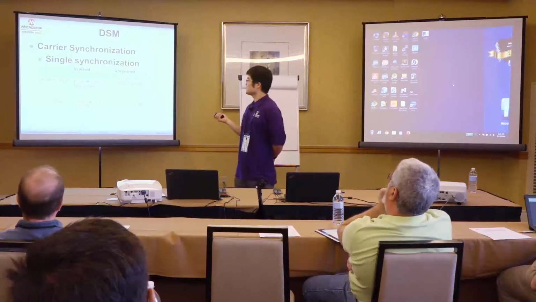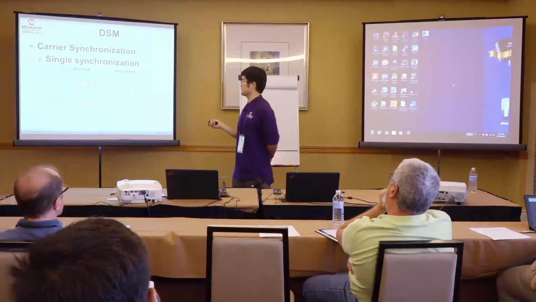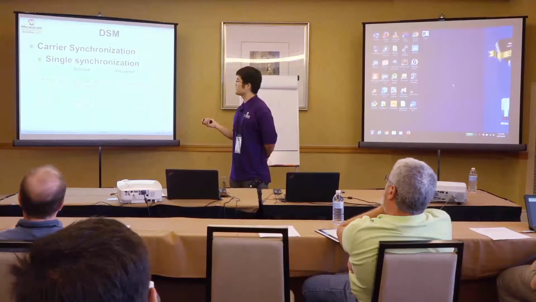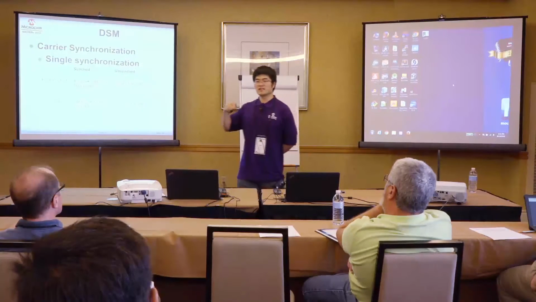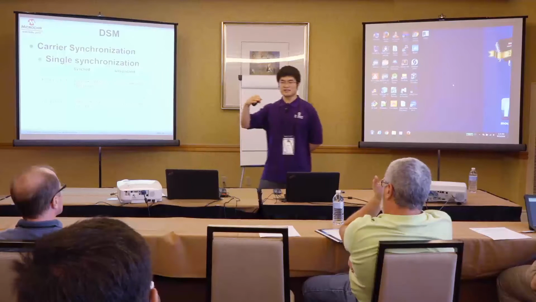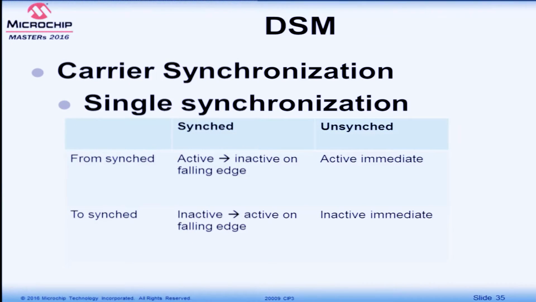So in that case, if my transition on the modulating signal is from the synced side, for example, if I'm setting my high side as synchronized, and high side basically means it's going to be active when my modulating signal is high, right? If I'm transitioning from this one, it means I'm transitioning away from 1 to 0 on my modulating signal. What's going to happen?